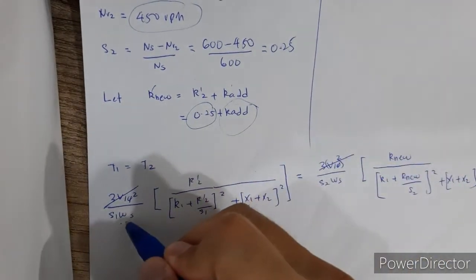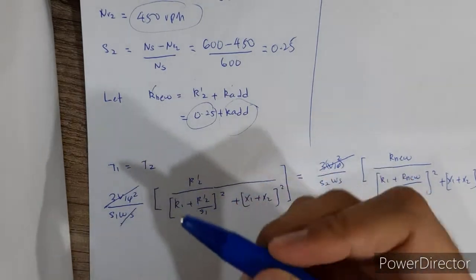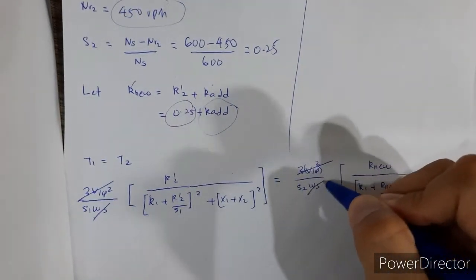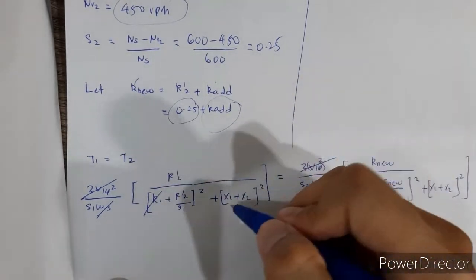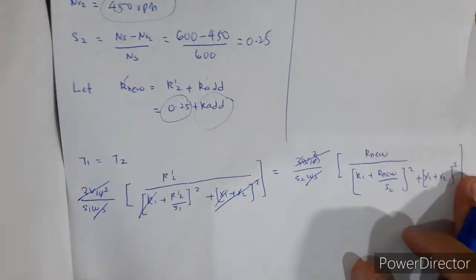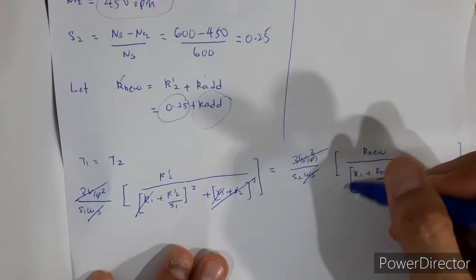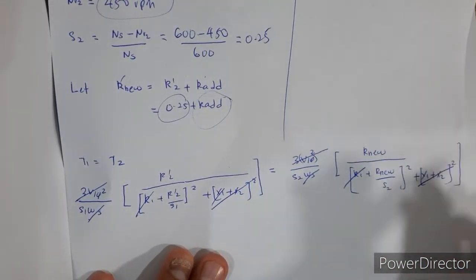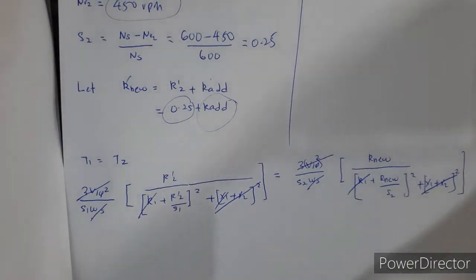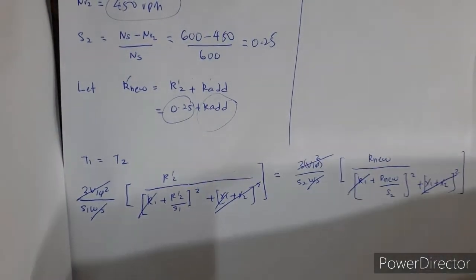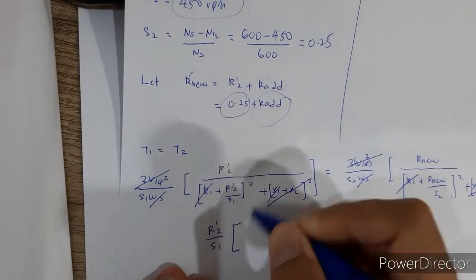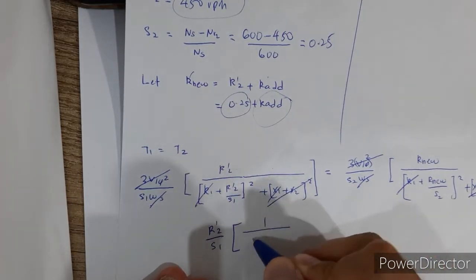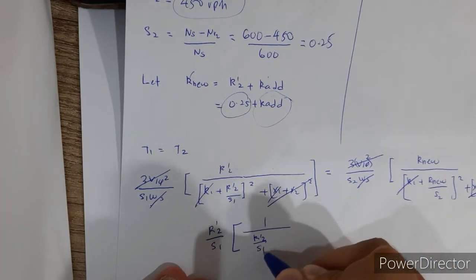Same goes with omega S, because NS remains unchanged, so omega S is similar. And then R1 is not given, X1 and X2 are not given, so we neglect them. So what is remaining in this equation? This one is R'2 over S1, multiplied by 1 over R'2 over S1 squared.